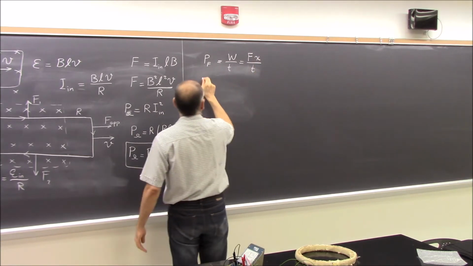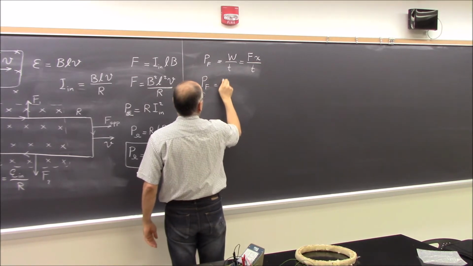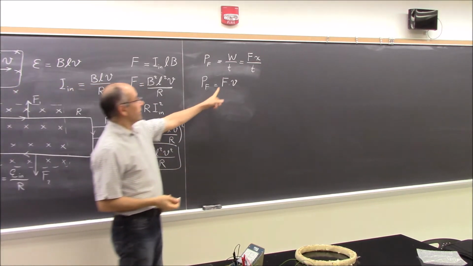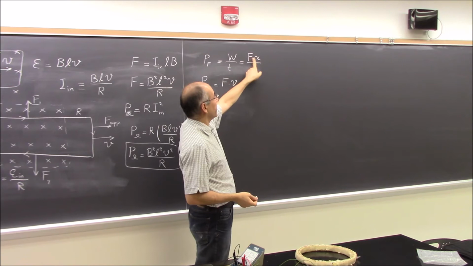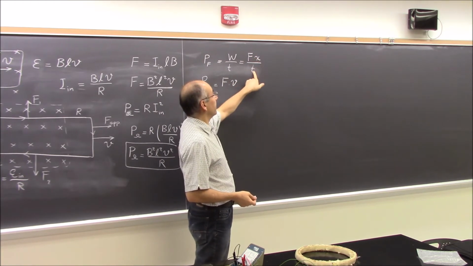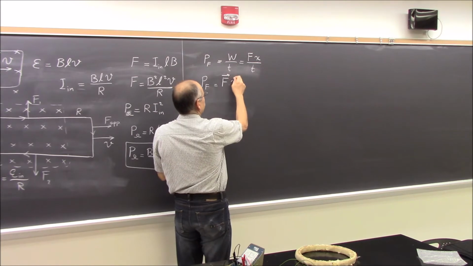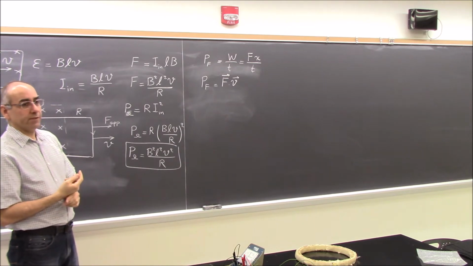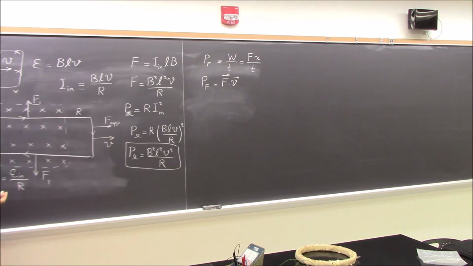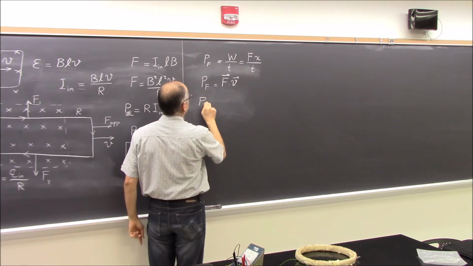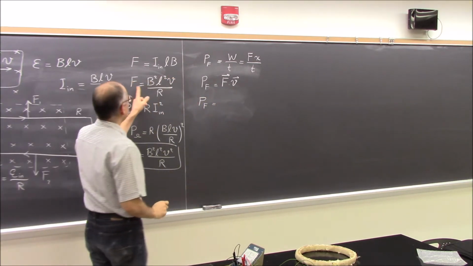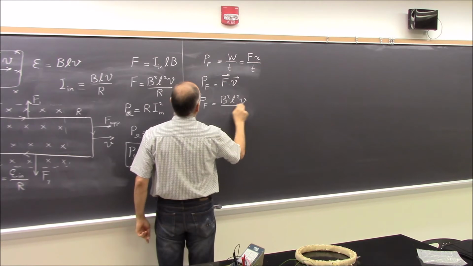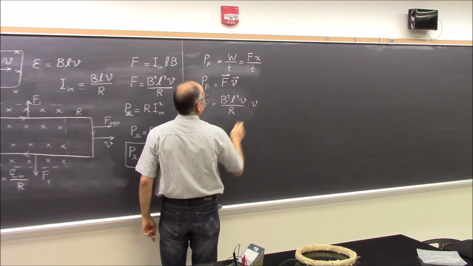Distance divided by time is velocity, so it's F times V. In fact, in general, this is force vector dot displacement, and displacement divided by time is velocity, so it will be force dot velocity. If you're going in the same direction, it becomes just force times V. In this case, you're going in the same direction as the force. So the power from the force is force times V. What is the force? B squared L squared V over R, times another V. We get V squared.